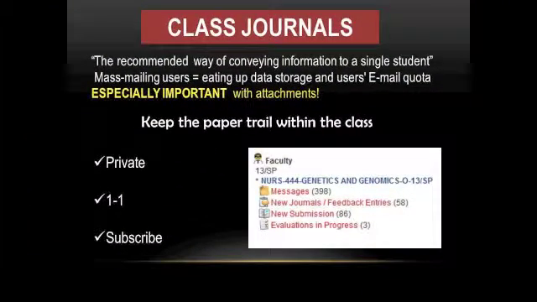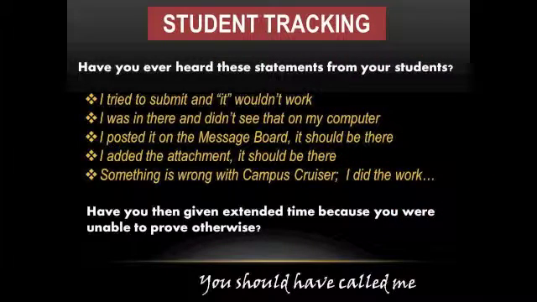A journal works the same way, but it's more of a one-to-one communication with your student that lives within the context of the class and gives you that added ability to know that things are being kept in a digital record.